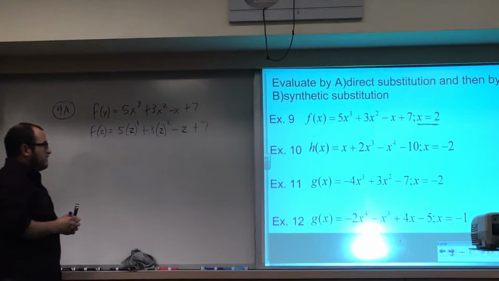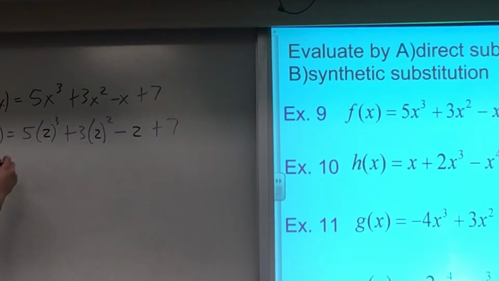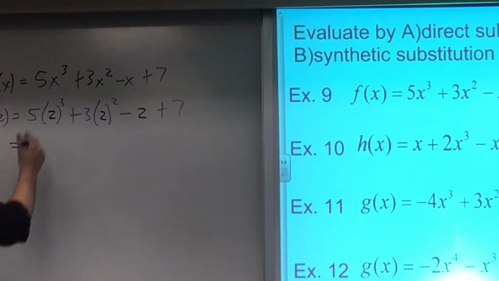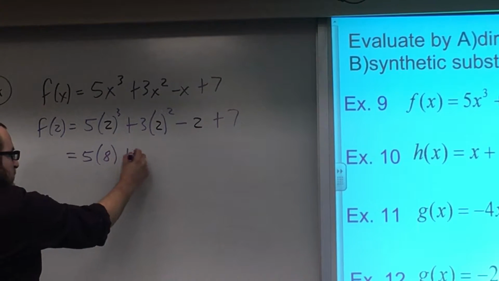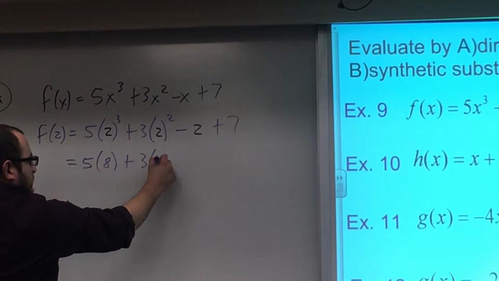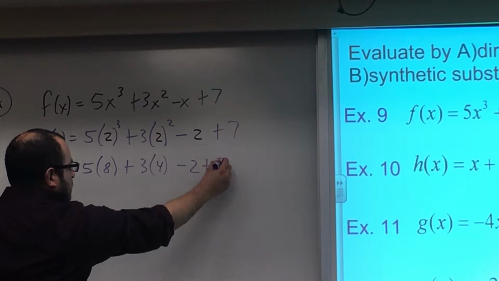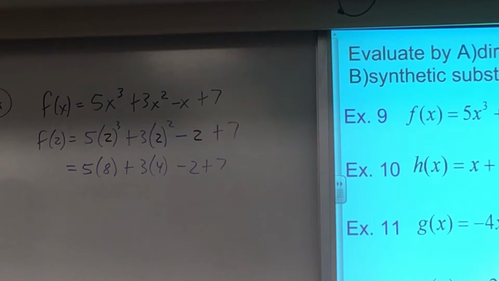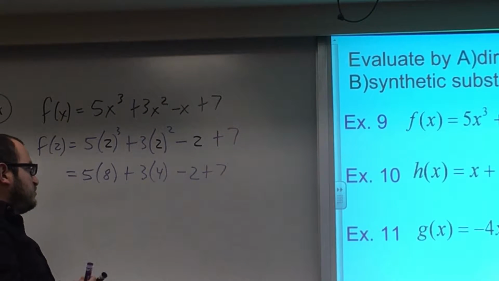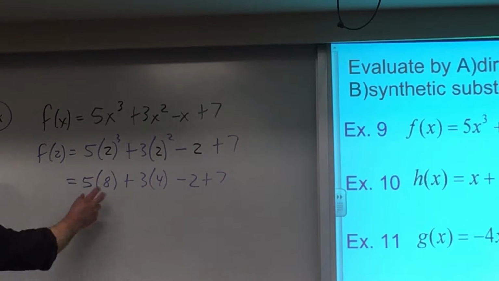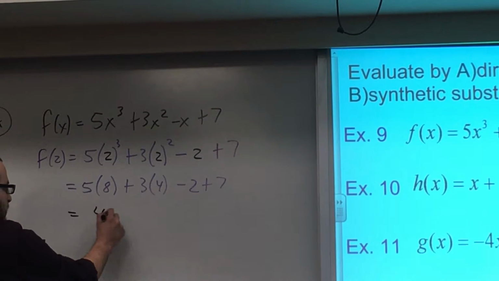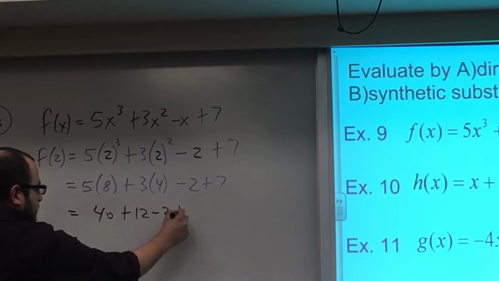Okay. And go ahead and evaluate it, so that we actually get 2 cubed gives us 2 times 2 times 2, which is 8. 2 squared, 4, minus 2, plus 7. Order of operations tells us to do whatever comes first when we're adding and subtracting from left to right. This gives me 40 plus 12 minus 2 plus 7.